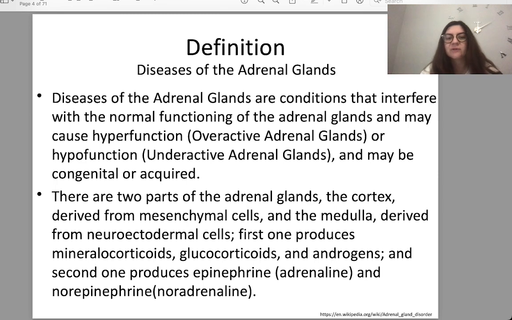There are two parts of adrenal glands, you remember it from anatomy. The cortex is derived from mesenchymal cells and the medulla inside is derived from neuroectodermal cells. The first produces mineralocorticoids, glucocorticoids and androgens. The second produces epinephrine or adrenaline and norepinephrine or noradrenaline.